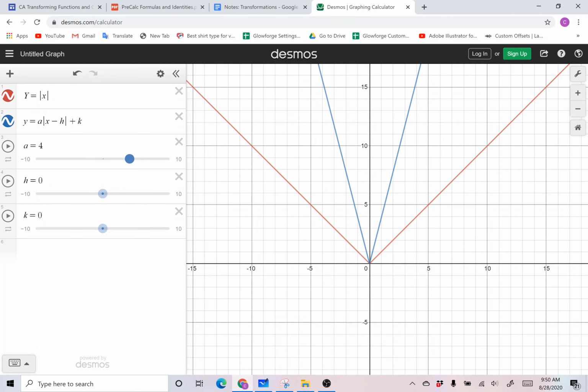And if we go even further, it gets even steeper, even faster. And so I guess we call that a stretch. So keep these things in mind, guys. You want the absolute value function as a v, you want h and k, that's always the same, and you want a to be some multiple of something.